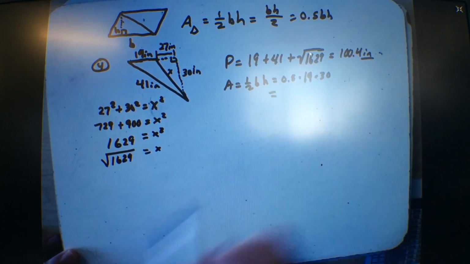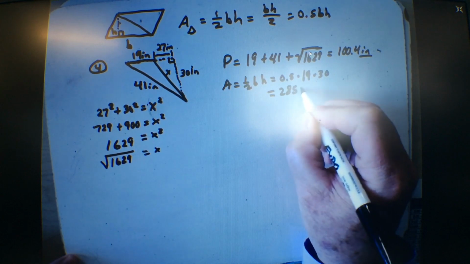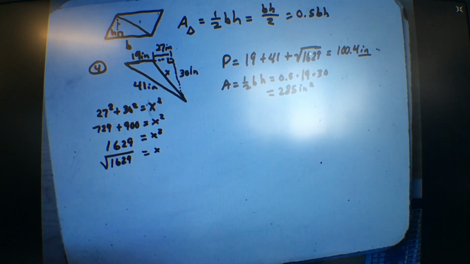So what is 0.5 times 19 times 30 to the nearest tenth? It'll come out even. 285. 285 inches squared. Make sure you watch your labels. Do you see how to do a triangle? Do I need to do another one of those, or are you good? We're good.